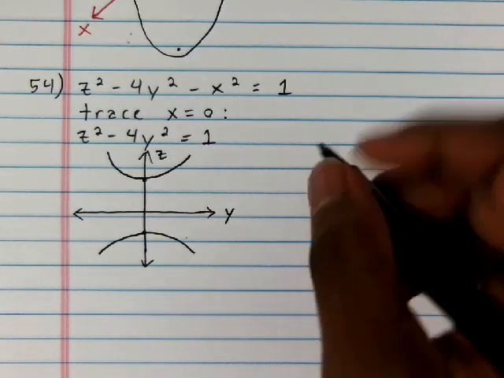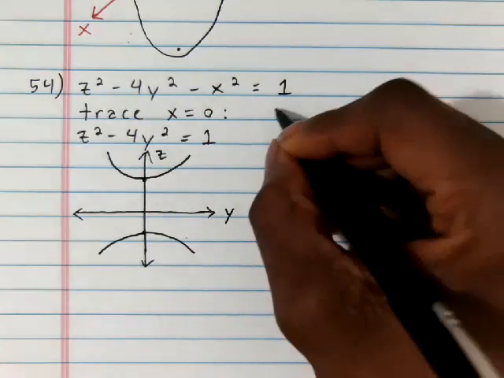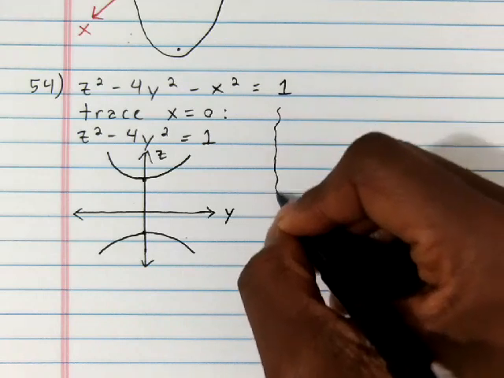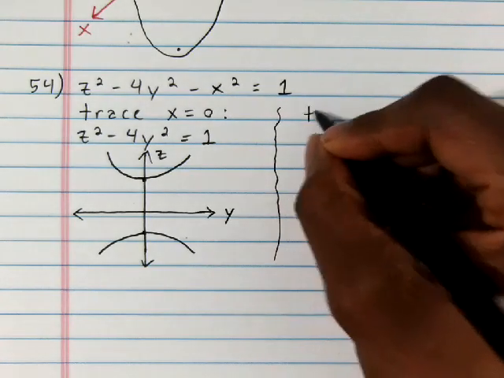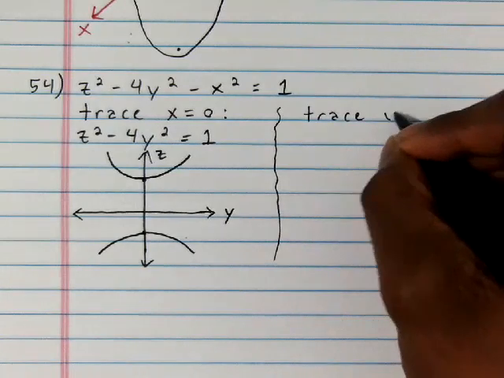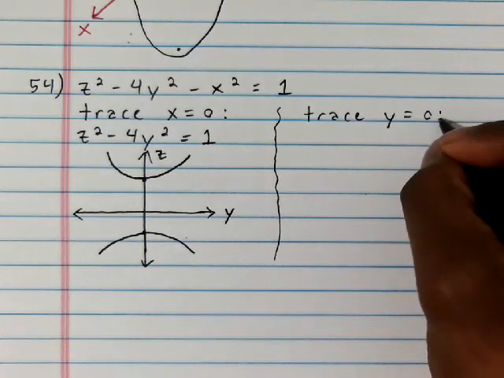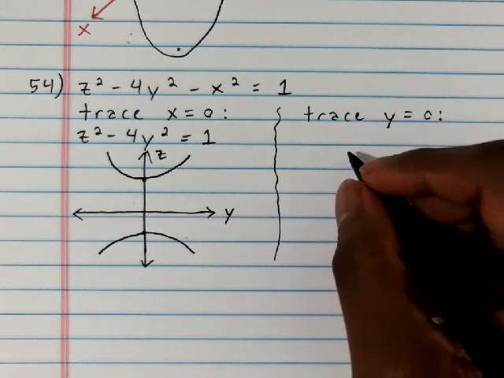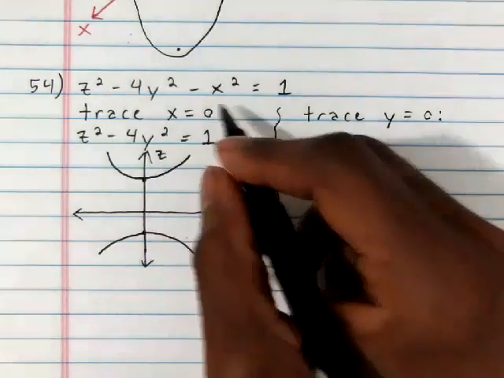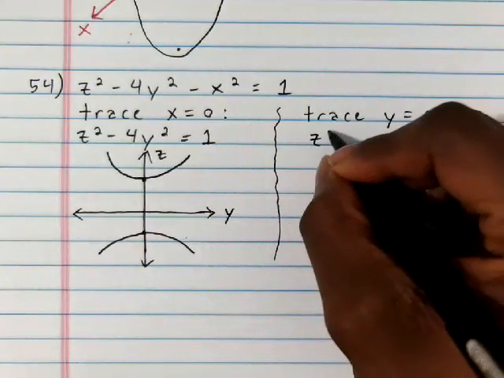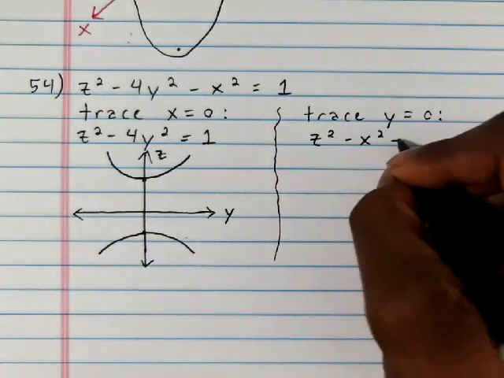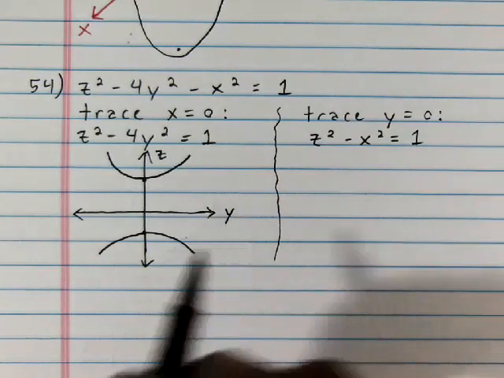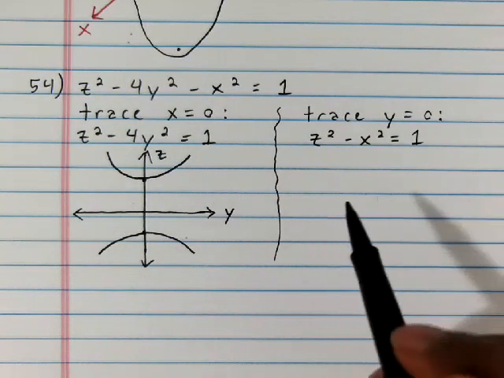Now let's look at the trace y equals 0. And there we're going to get z squared minus x squared equals 1. Oh, sorry. How do you identify that this thing is a hyperbola? I forgot about that.